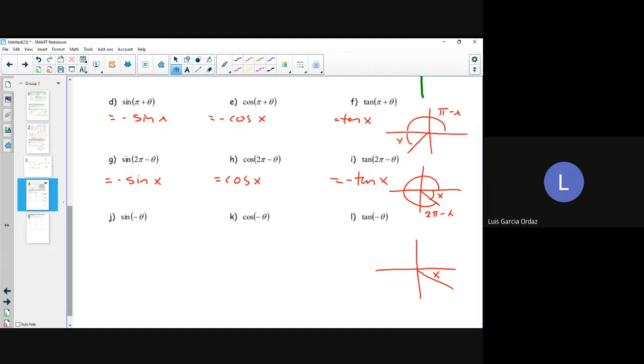Because it's in quadrant 4. Negative tan x. Didn't I say that? We said everything is positive except cosine. Oh, that's what you said. When you write x, you mean theta, right? Yeah, x, theta. Same thing.